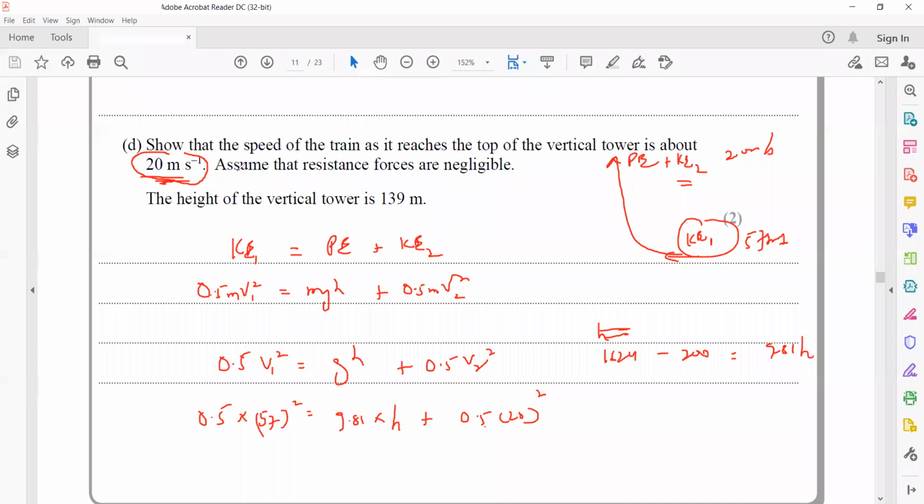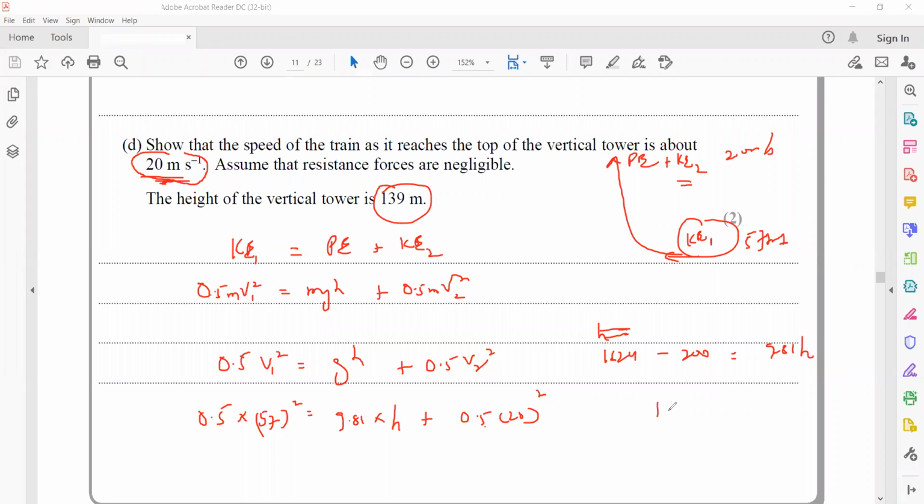It's the same thing, because the height is given as 139. If I solve for height, it will be approximately the same, because what we have to show is that the speed at the top is 20 meters per second. So we are saying that if the speed is 20 meters per second, what will be the height?